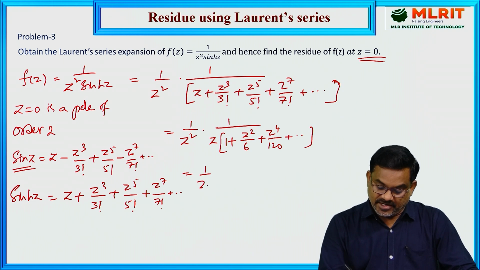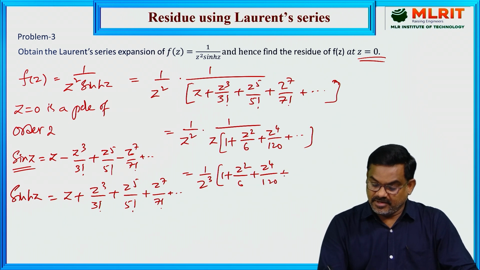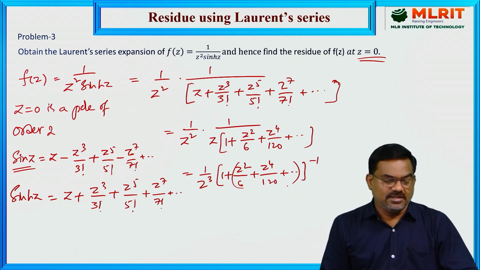So 1 by z cube into this, which goes to the numerator, z square by 6 plus z power 4 by 120 and so on, whole power minus 1. Here we can take this as a single term.